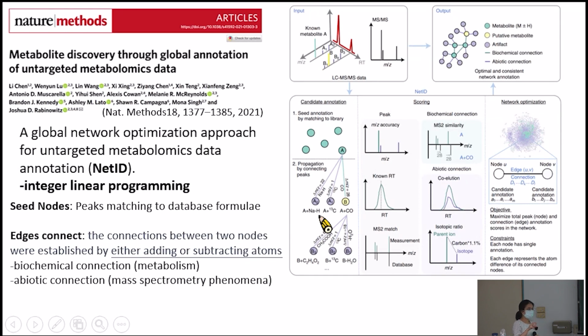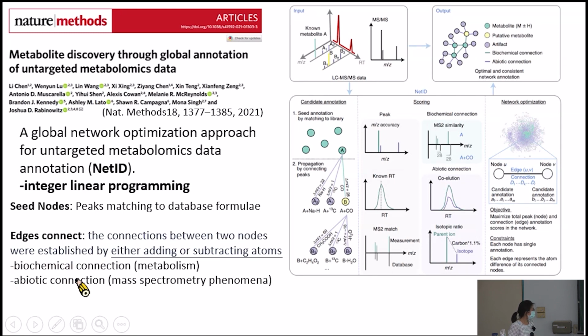They create the original seed, then match with your spectrum data here. And then they create the potential connection using this edge connection concept. And in these edge connections, they also include two types of prediction connections. One is for biochemical connections, and another is abiotic connection.